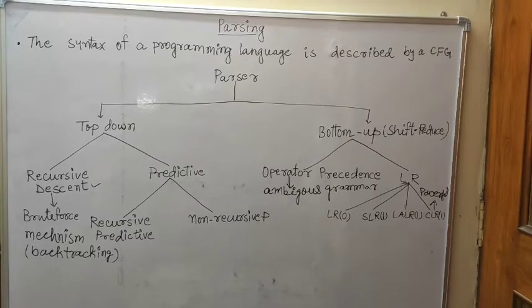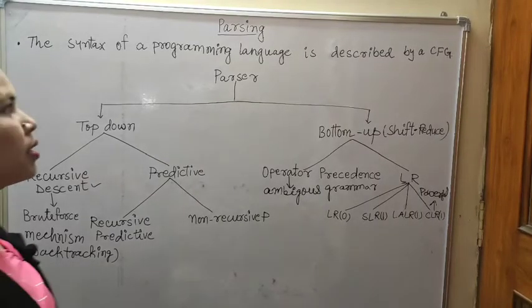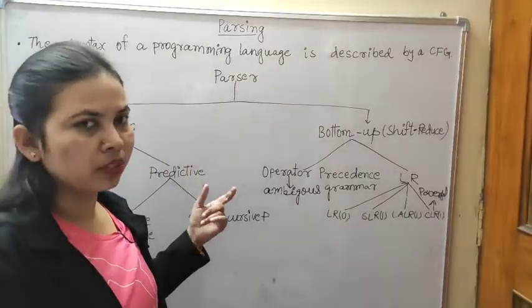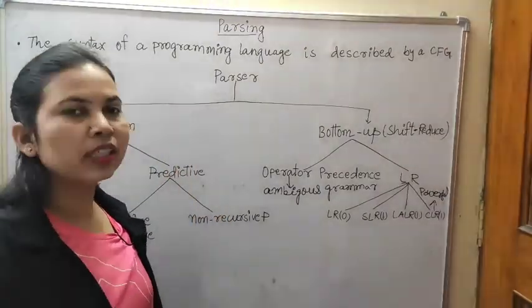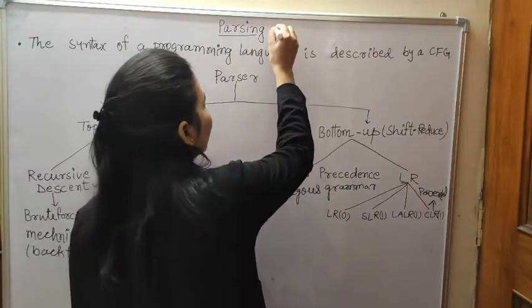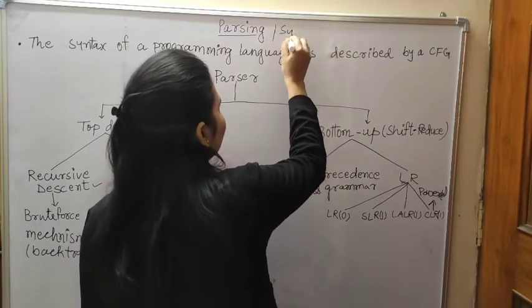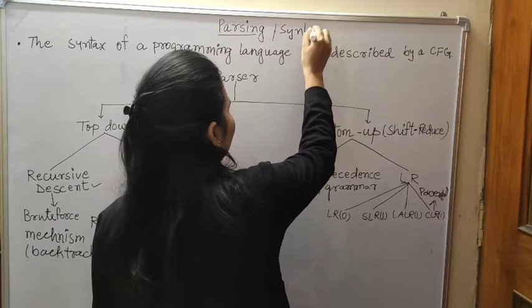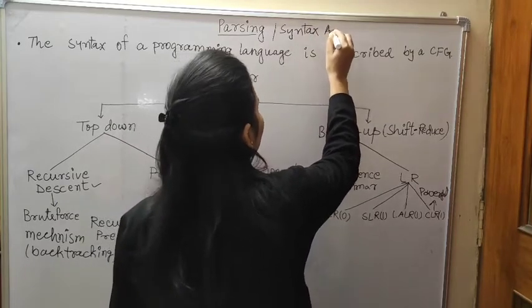Now we will see parsing. Parsing is the second topic. The first, the lexical analyzer, we have seen already. Now we will see parsing. Parsing's other name is syntax analyzer.